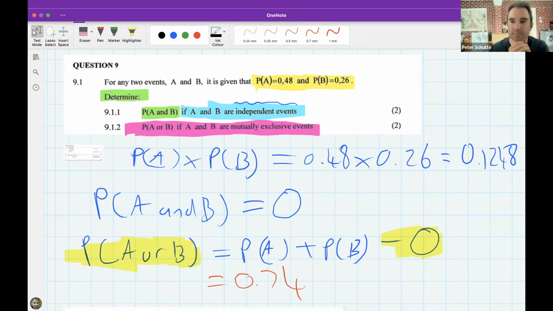Hi again, sir. So I just want to clarify this confusion that I have of independent events, when it comes to the contingency tables.